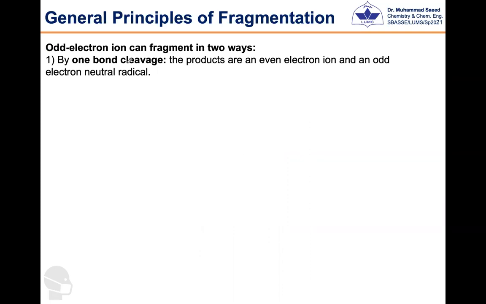Okay, so an odd electron ion can have two different pathways in which it can be fragmented into smaller daughter ions. These two pathways are the one electron cleavage pathway and the two electron cleavage pathway.